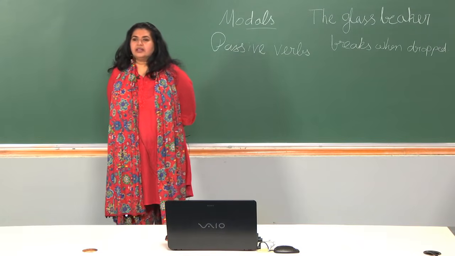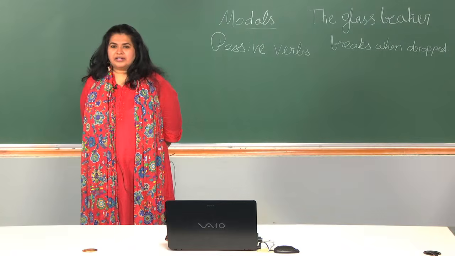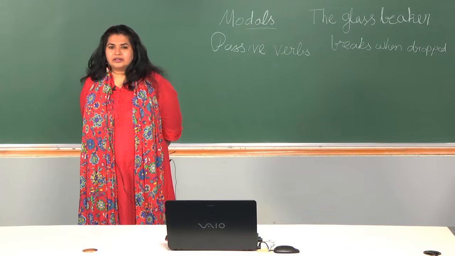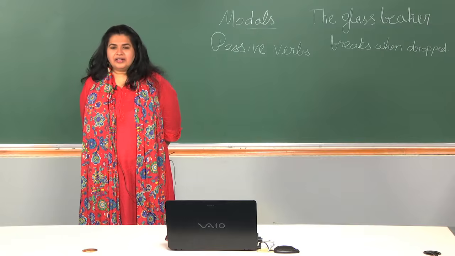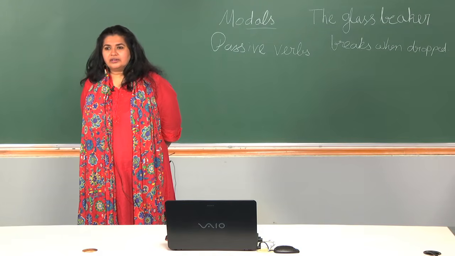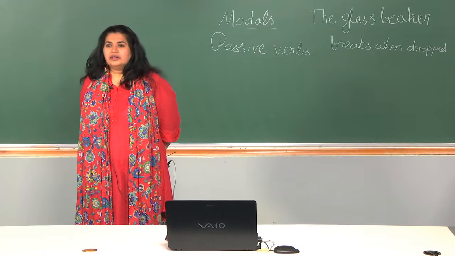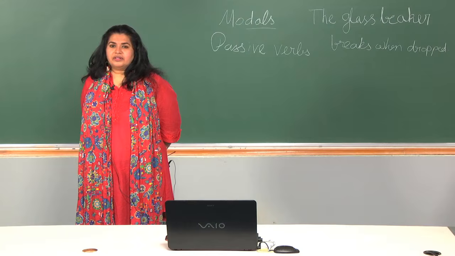If I say the glass beaker may break, there is lesser possibility. In can there is a greater degree of possibility, now it reduces: it may not break either. So, the probability is decreasing.